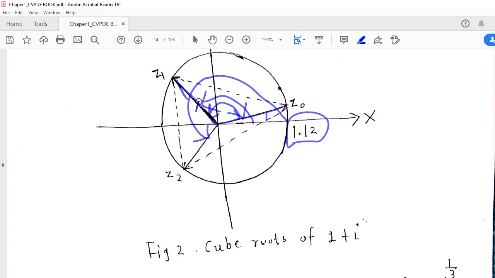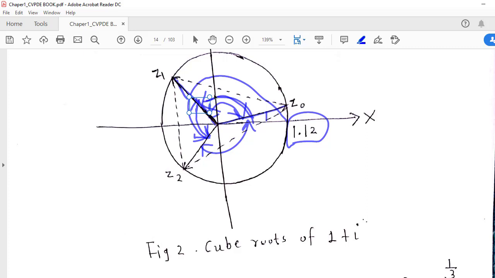Similarly, the angle between z1 and z2 is this one, and this is the angle between the vectors representing z0 and z2. Can you observe that all these angles are the same? This angle, this angle and this angle. That observation says that the roots are equally spaced.